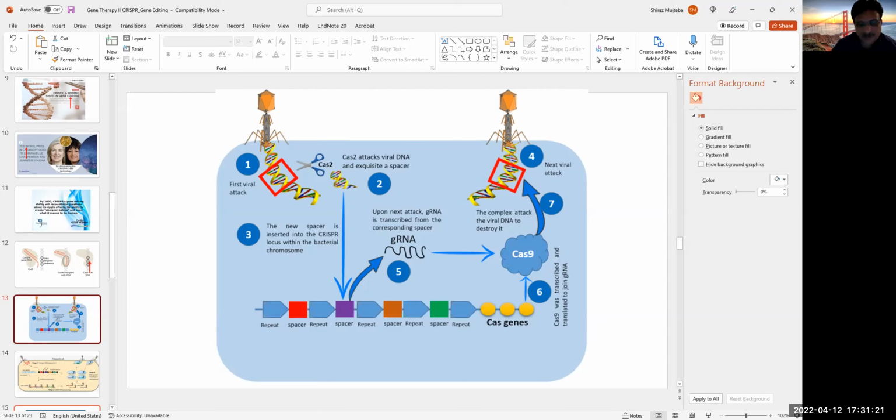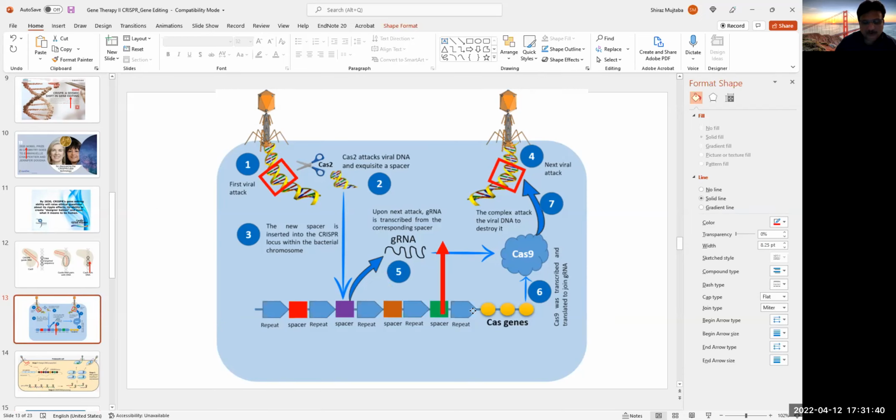T cells and B cells, which are inside our body, also work innately, but they're more involved in acquired immunity, right? Adoptive immunity. So this is the most interesting aspect, and this is the concept that was developed in a lab for gene editing.